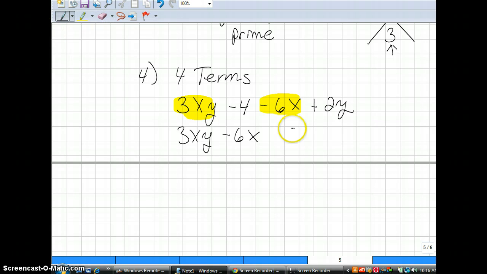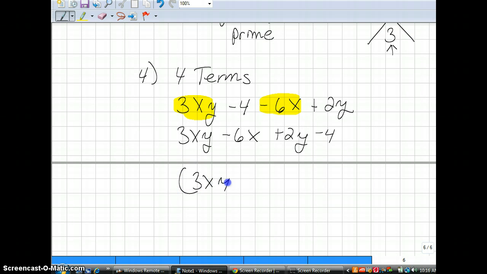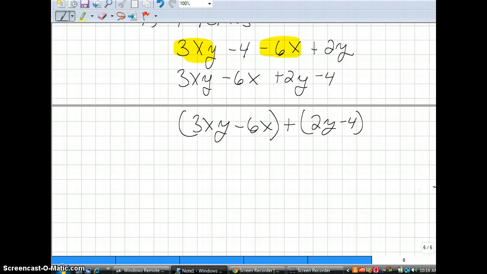And then I might have plus 2y minus 4. This is called factoring by grouping, because now I'm going to group 2 terms together. I take 3xy minus 6x, put those in parentheses, put a plus between them, and then have 2y minus 4.